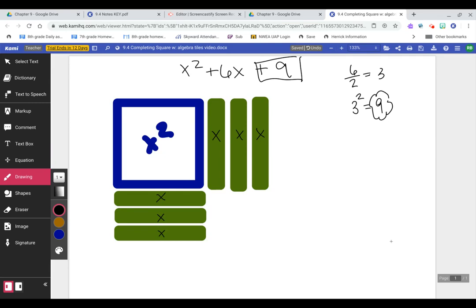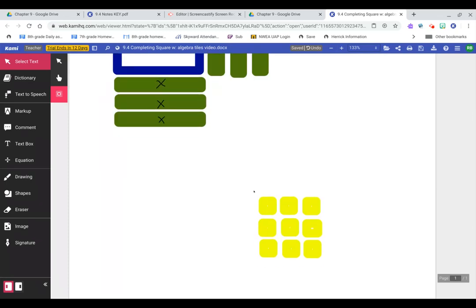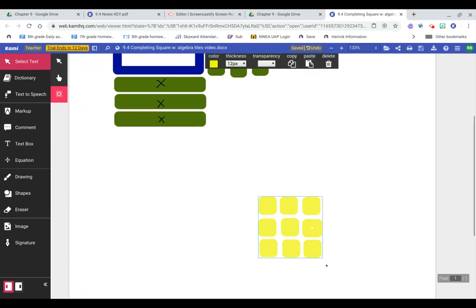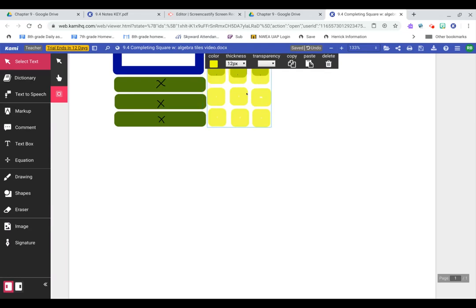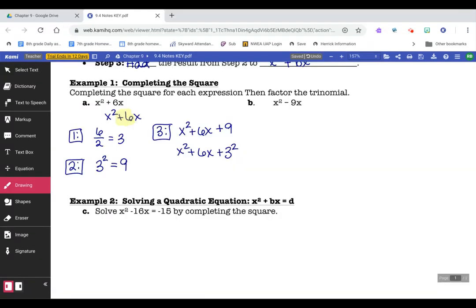If I added 9 squares there that are represented by 1, that would complete it, which I happen to have right here. So when I move these, you now see that we have completed a square, and we have x squared plus 6x plus 9 to complete that expression.